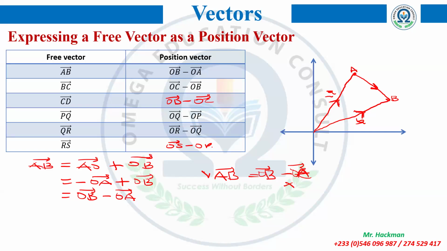My professors, I guess we are all fine now. And you agree with me that we've been using this prior to today's lesson. So now you know where that came from, so you wouldn't get it twisted anytime you are asked to move from free vectors towards position vectors.